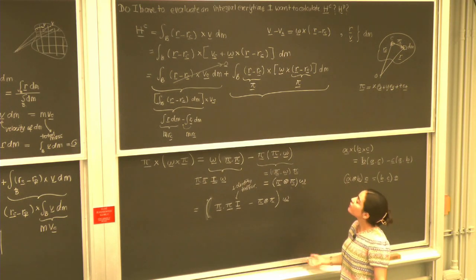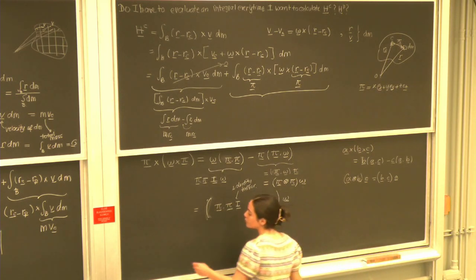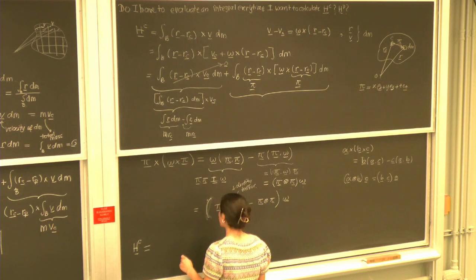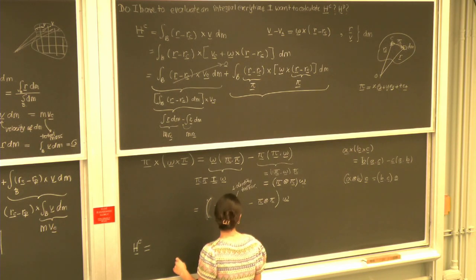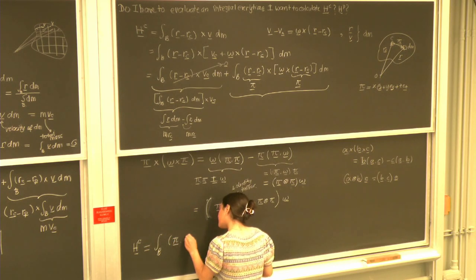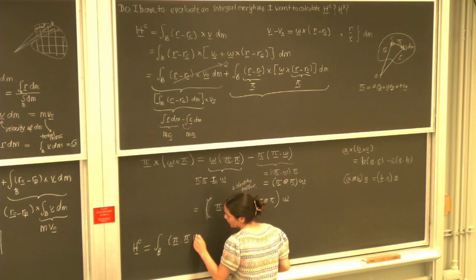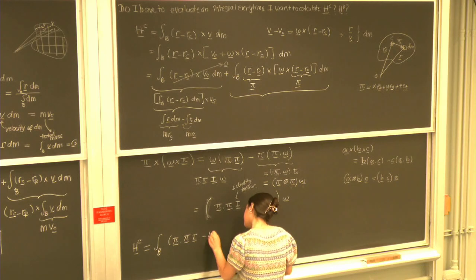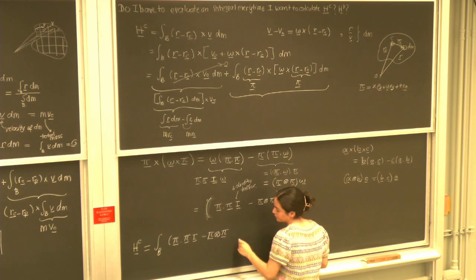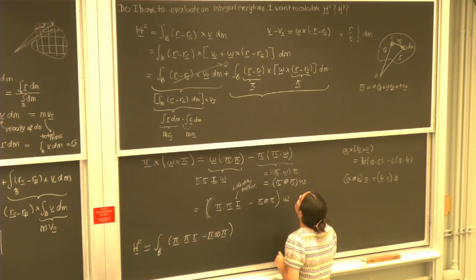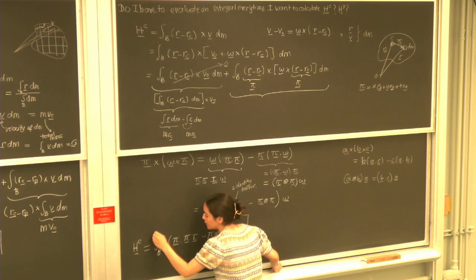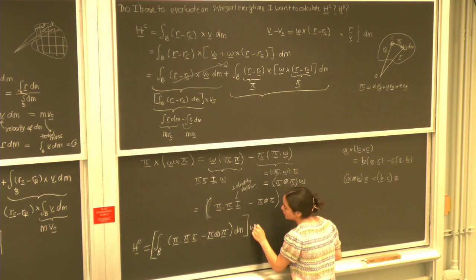That's awesome. Let's go back and put that into our integral. So far, we have that HC is equal to the integral over the body of pi dot pi I minus pi tensor pi dm times omega.